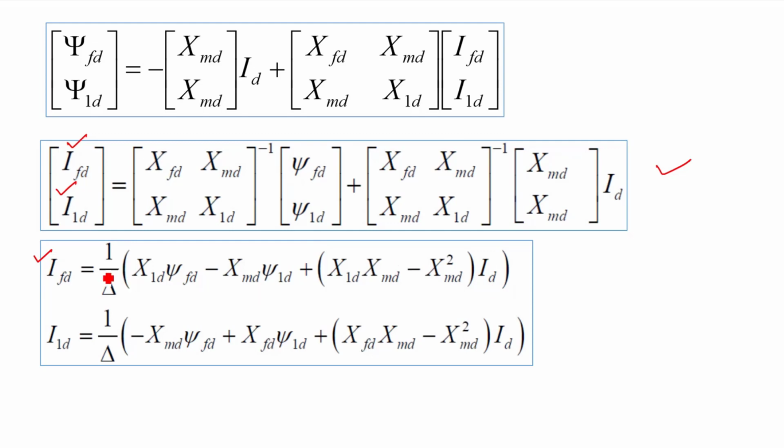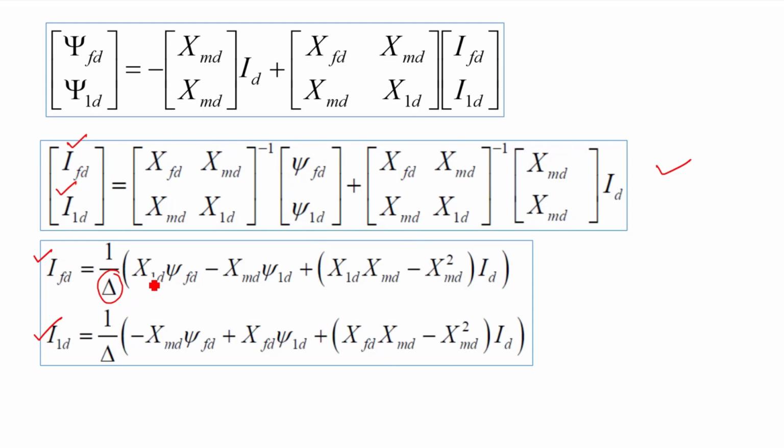And this 1 by delta is nothing but the determinant of this matrix. Similarly, I can find the expression for I1D, which is equal to 1 by determinant of this matrix, and all other terms like adjoint of this matrix multiplied with this.